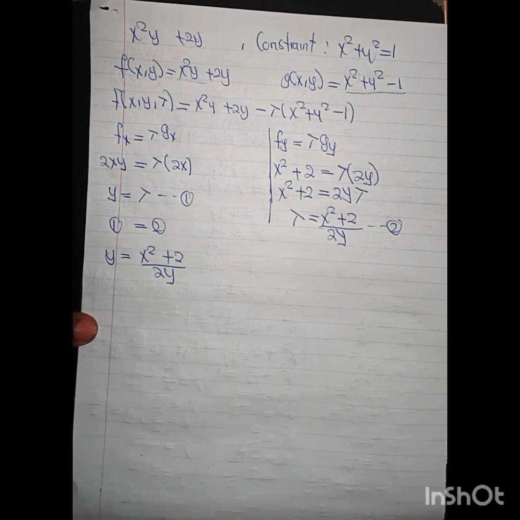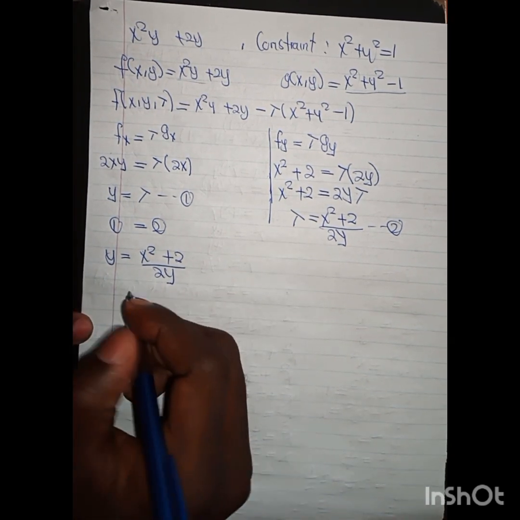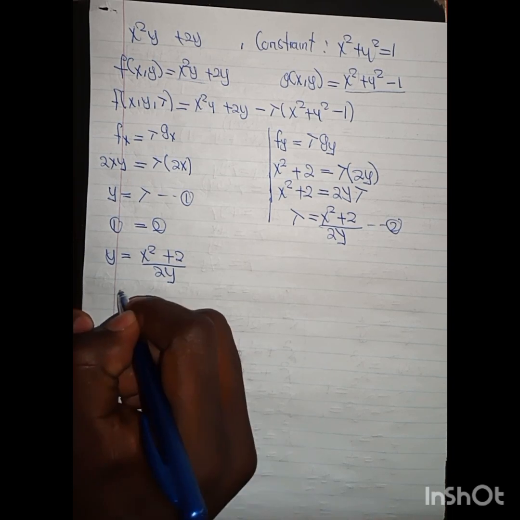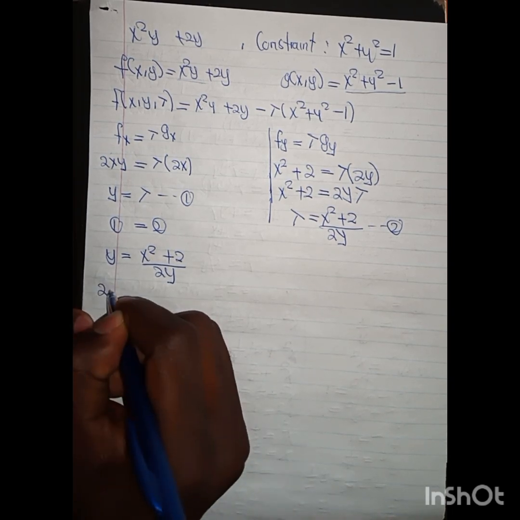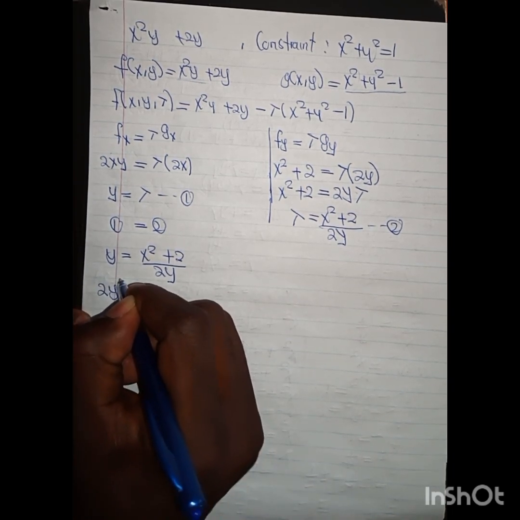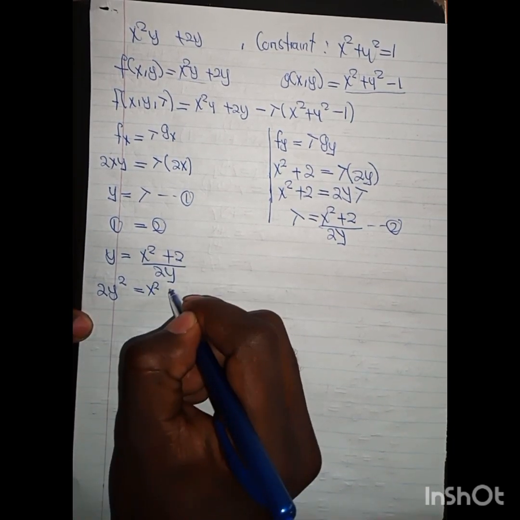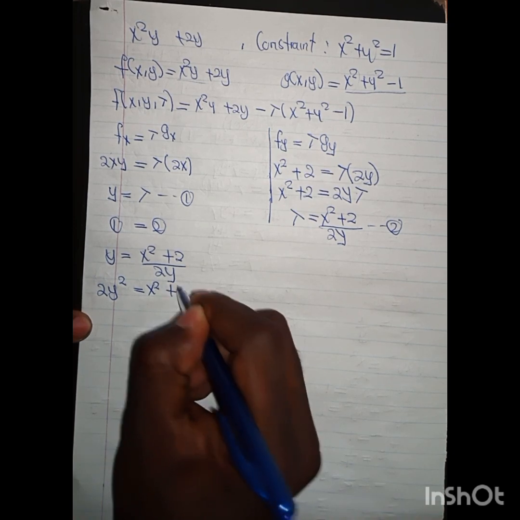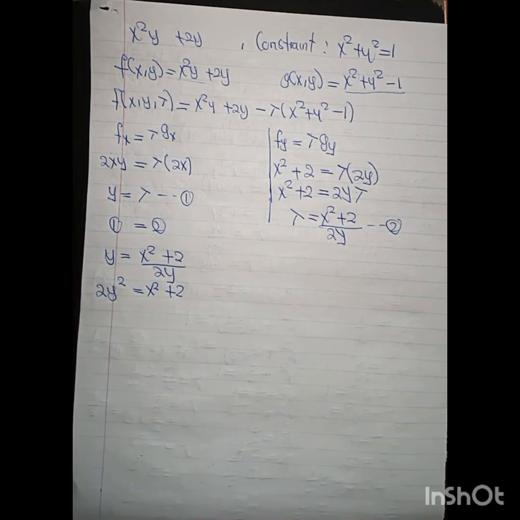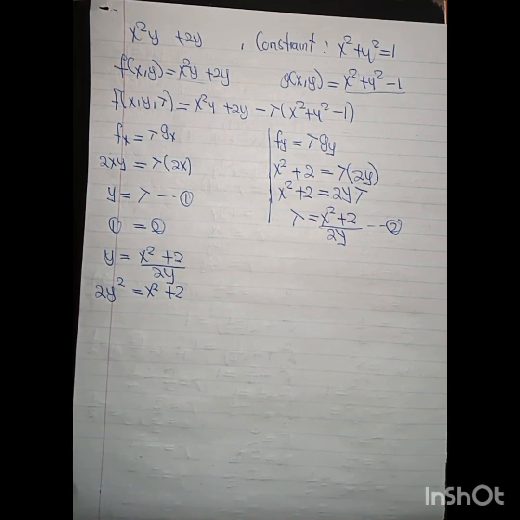When we cross multiply, we get the following. Then on the left we'll get 2y squared equals x squared plus 2, like this.